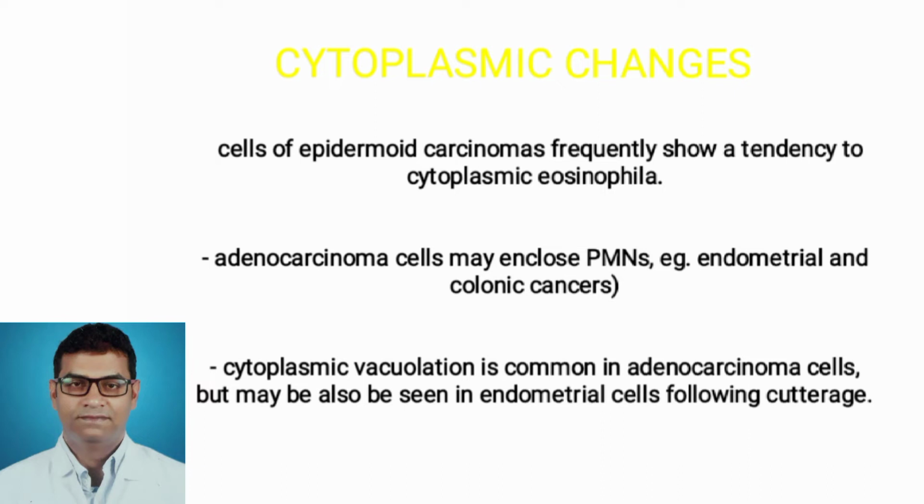Adenocarcinoma cells, as in endometrial and colonic cancers, may show polymorphonuclear cells. Cytoplasmic vacuolation is common in adenocarcinoma cells but may also be seen in endometrial cells following curettage.